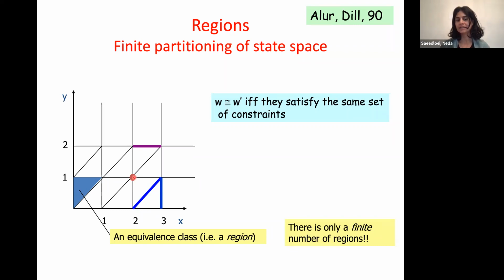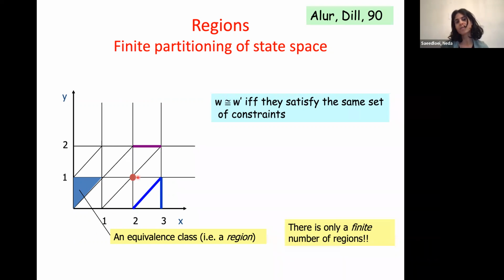The reason is that we said two valuations can belong to the same region or to the same equivalence class if they agree on their integral parts of clocks and the ordering of the fractional parts is preserved. But if the value of clock X is precisely 2 and the value of clock Y is precisely 1, then there is no other valuation that can be equal to this valuation.